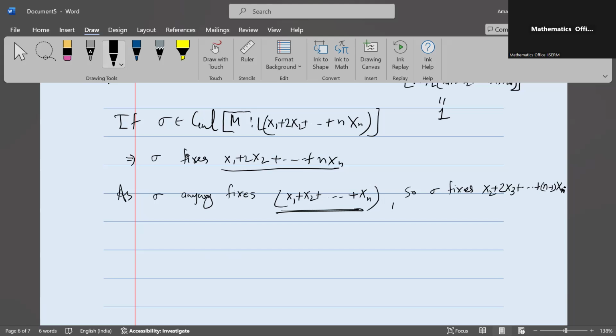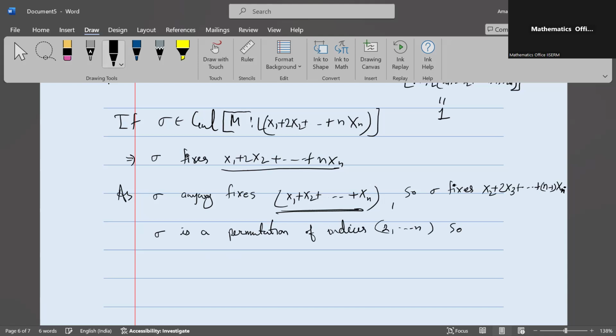Sigma is a permutation of indices. Sigma is a permutation of indices 2 to n.